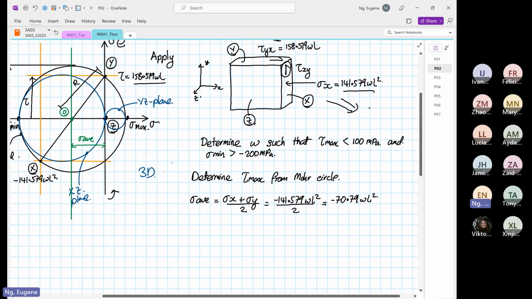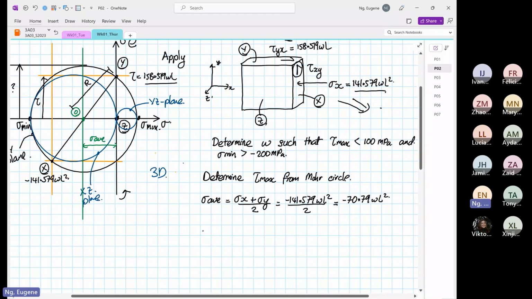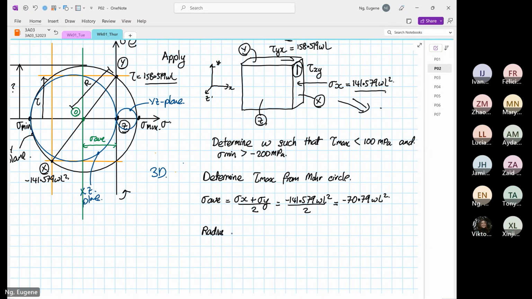So the radius of the circle, which is equal to our maximum shear stress, will be equal to: we know the stress average from 0 to here is 70.79.